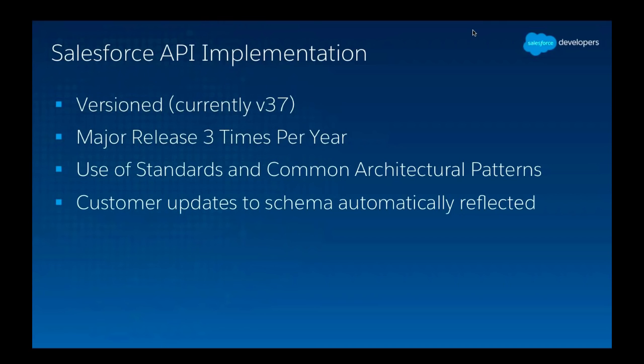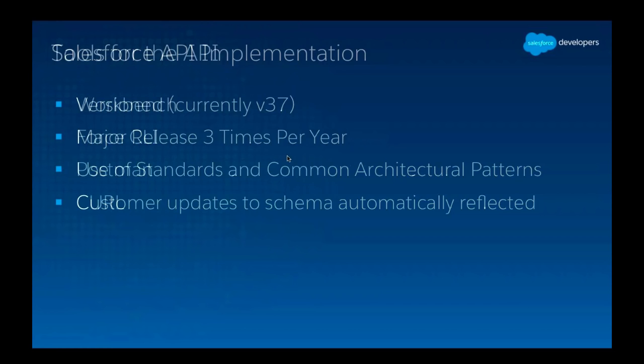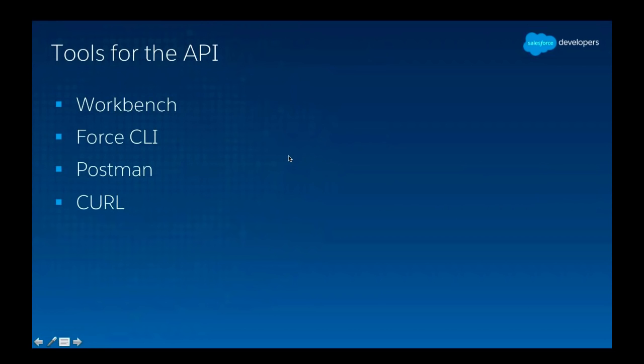Okay, so those are some core things about the implementation of our APIs. You also might want to know what tools you would use. Certainly common tools like Postman and curl are available to you. But there are a couple of bespoke tools for Salesforce. The one I'm going to use mostly today is called Workbench. Workbench is an open source PHP application.